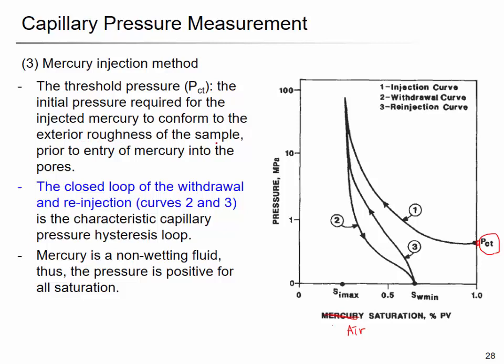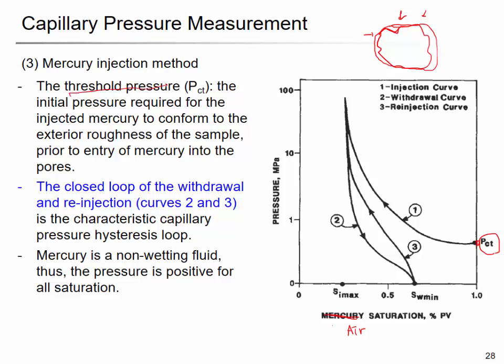So if your sample is like this, and mercury is just covering up, and when you apply pressure, the volume change will occur because you have a better contact with the rock core, so that's the threshold pressure required for it.